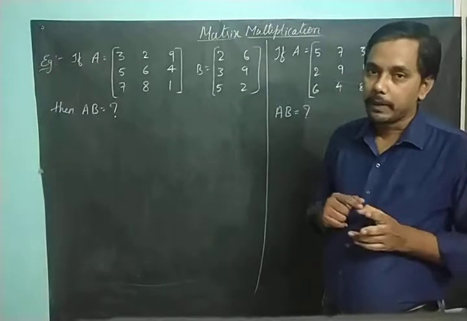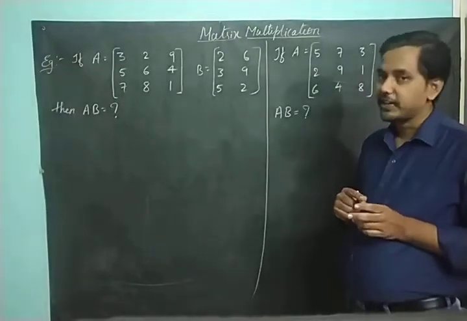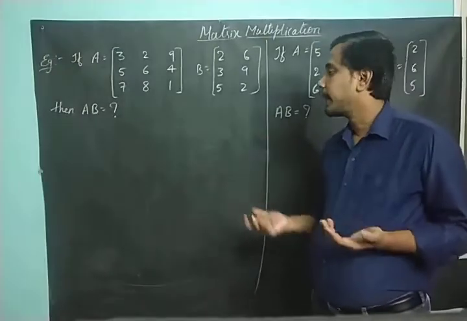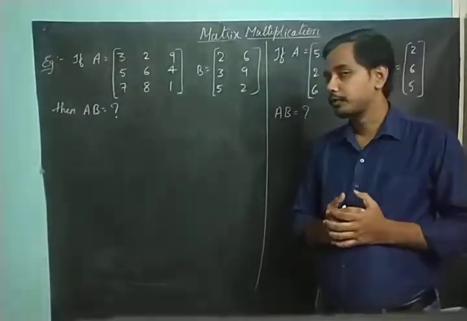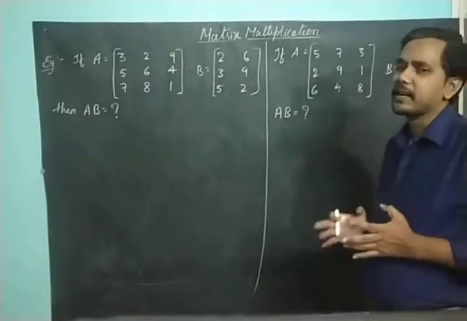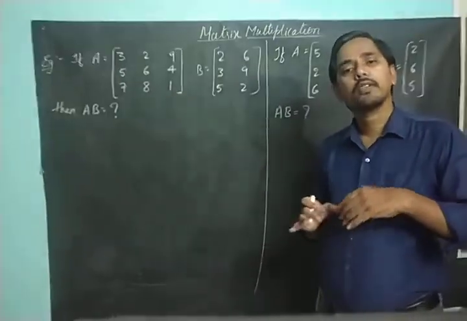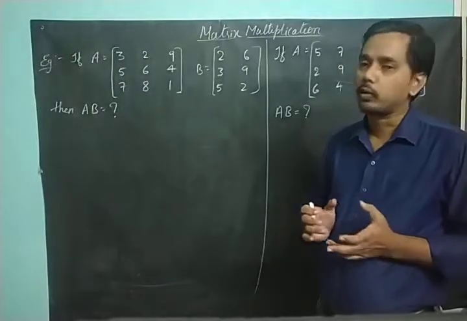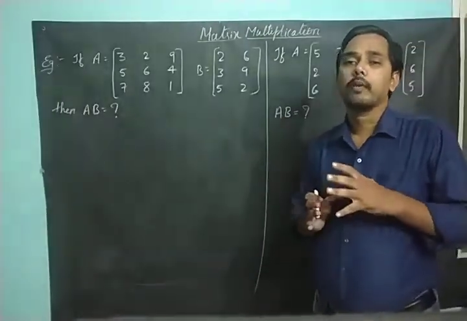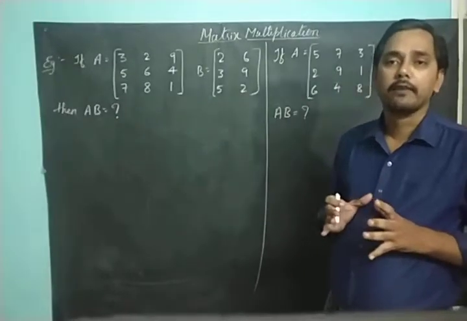To multiply two matrices, we have seen the necessary and sufficient condition, and after multiplying what the order of the matrix will be. We have slowly solved many examples, and I have also given some examples for you to work out. By all those activities, I hope the concept is very clear for you.